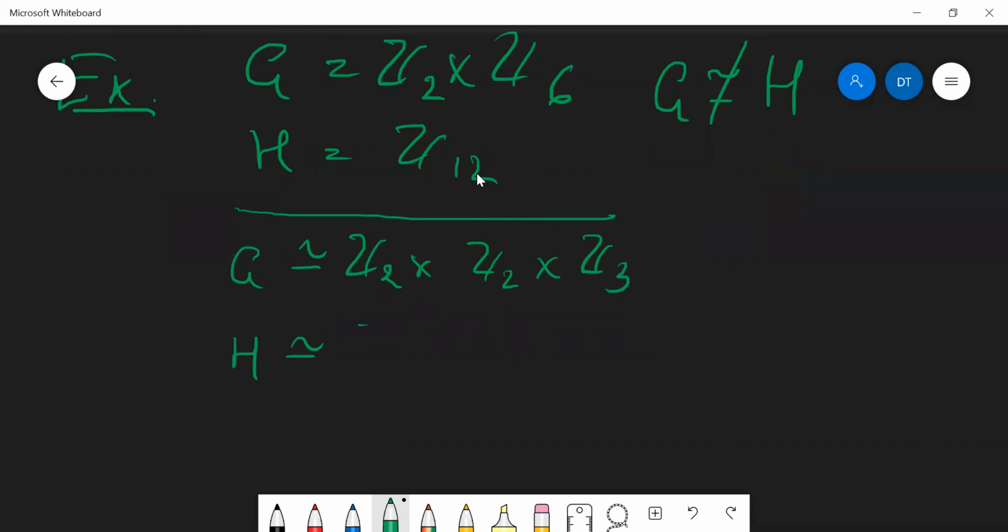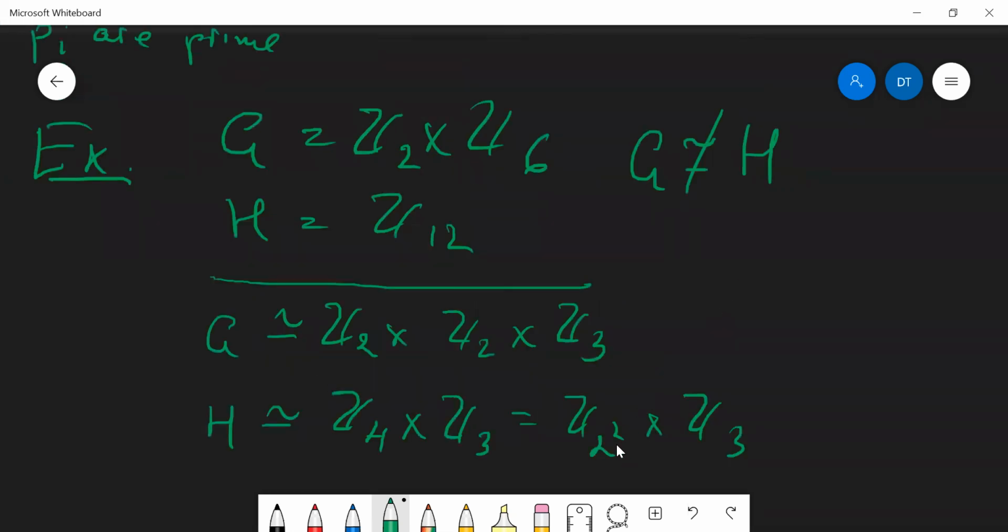So this is Z4 times Z3, which is Z_{2^2} times Z3. And also here, you present your group H in the second form. Every cyclic group has order which is a power of a prime number.